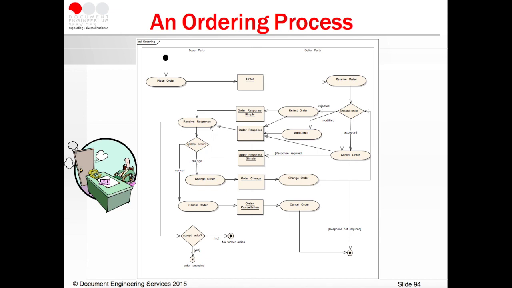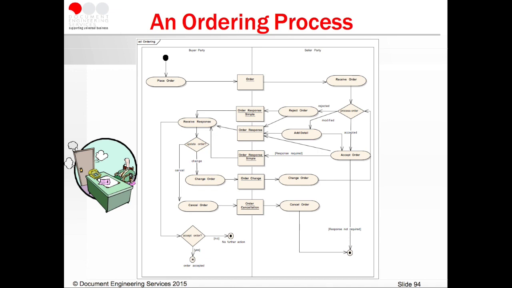There are two swim lanes, the vertical columns, one for the buyer party and one for the seller party. And we can see that the buyer party places an order. The rectangular box is the order document that is then received by the seller party. Seller party processes that order.